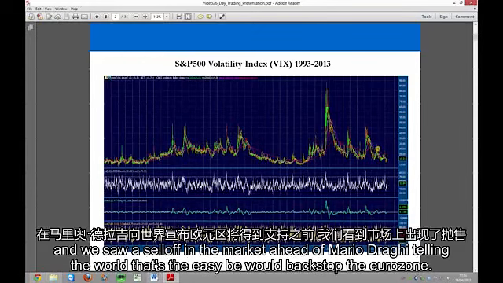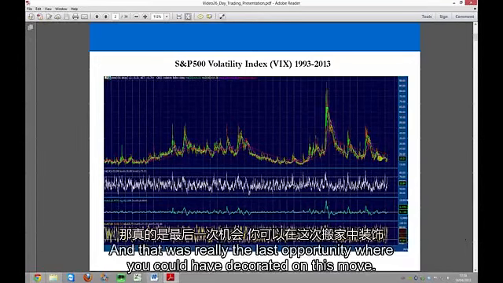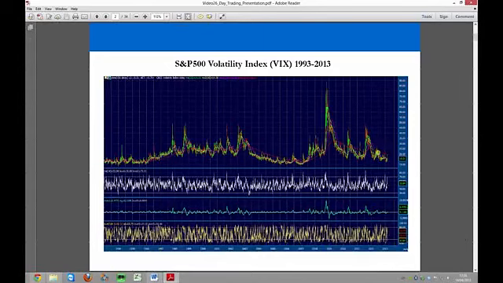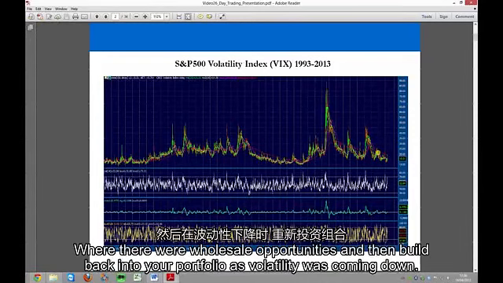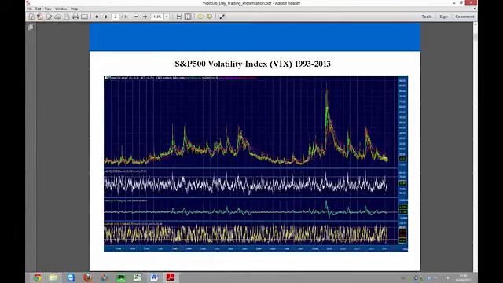And we saw a sell-off in the market ahead of Mario Draghi telling the world that the ECB would backstop the Eurozone. And that was really the last opportunity where you could have day traded on this move, where there were wholesale opportunities, and then build back into your portfolio as volatility was coming down.